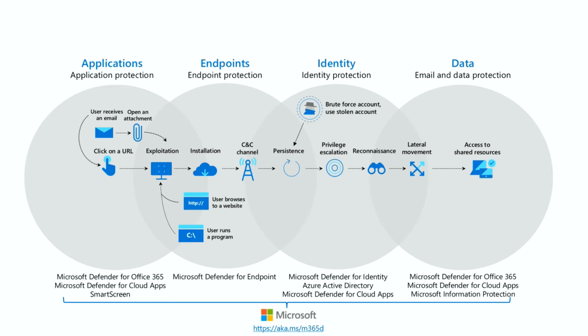So, a common attack threat. This is nothing new. Walking through how a lot of these threats proliferate through an environment. Most of it starts from an email or an attachment someone received, where someone clicked on that link, whether it's in an attachment or in an email, and their identity has been compromised. That attacker may exploit that machine.